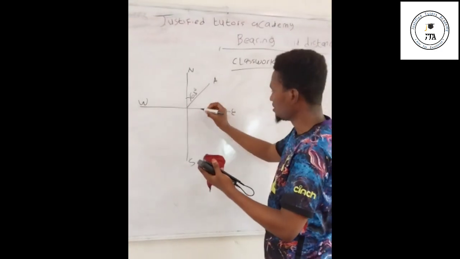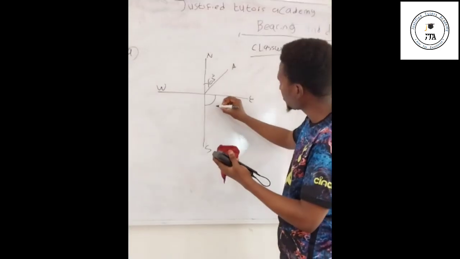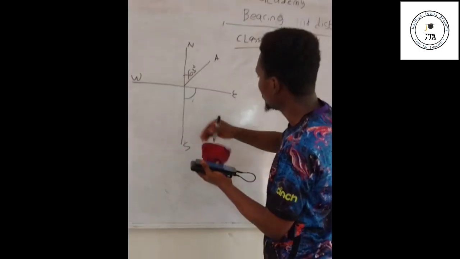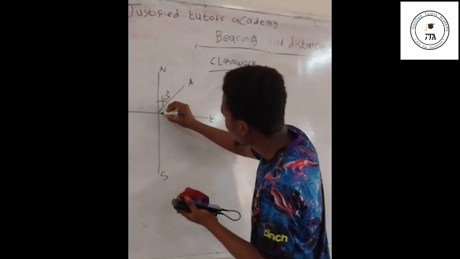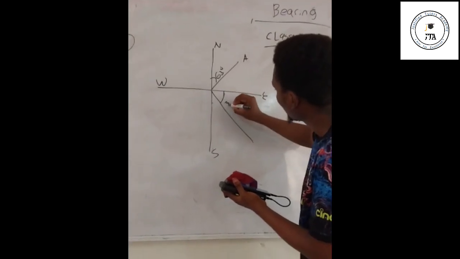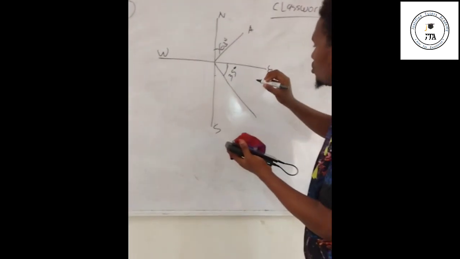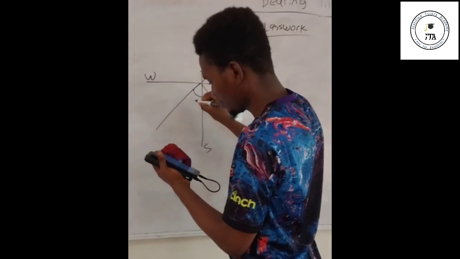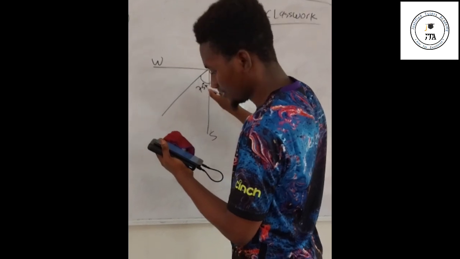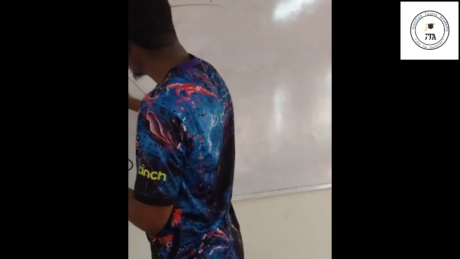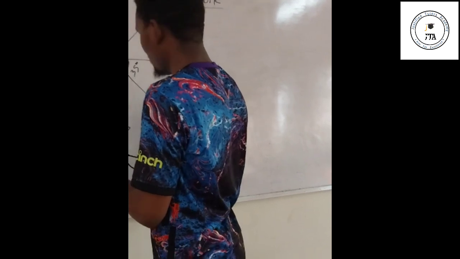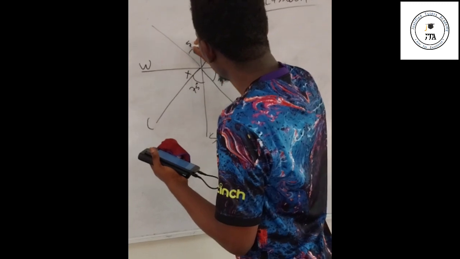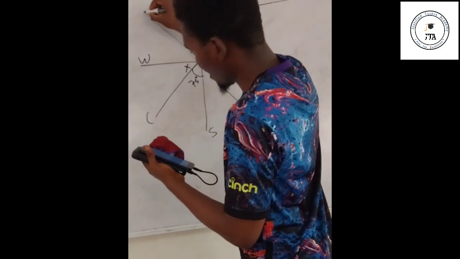We have 35 degrees here, then over here we have 75 degrees. We have X here, C here, B here, then 52 degrees here, and D here.